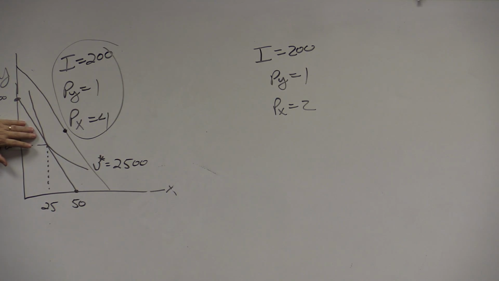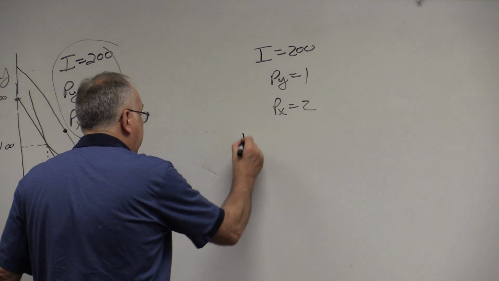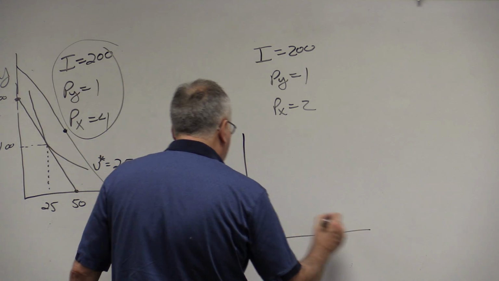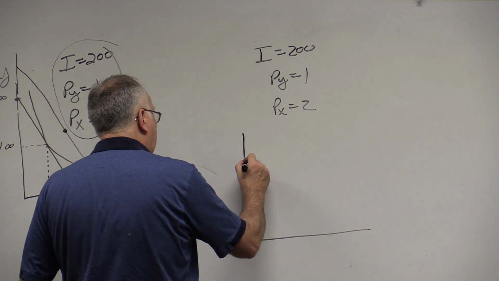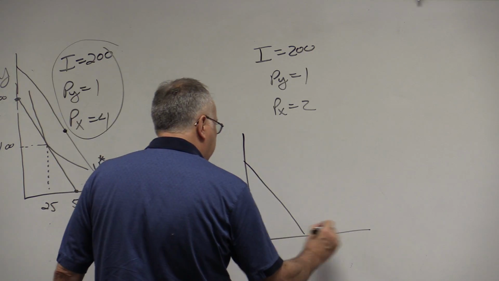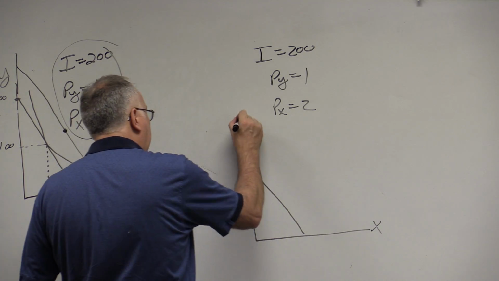Yeah, the slope changes. What would happen to the slope of the budget line if the price of x were actually to decrease? It would shift outward, holding constant the y-intercept. So it would become flatter. Now you draw this. Here's the original one. Let me redraw the original one. Here's x. Here's y.